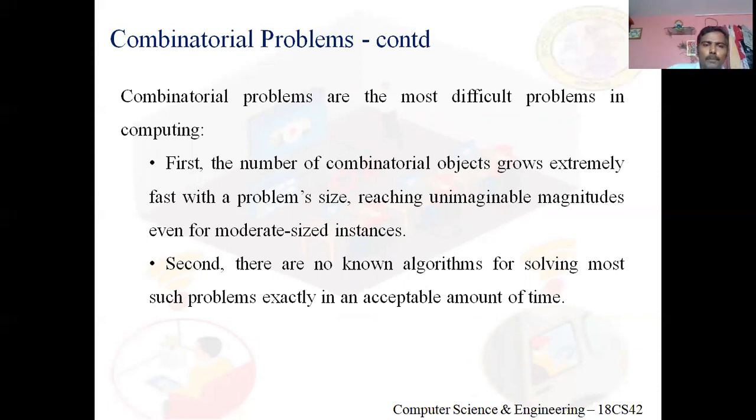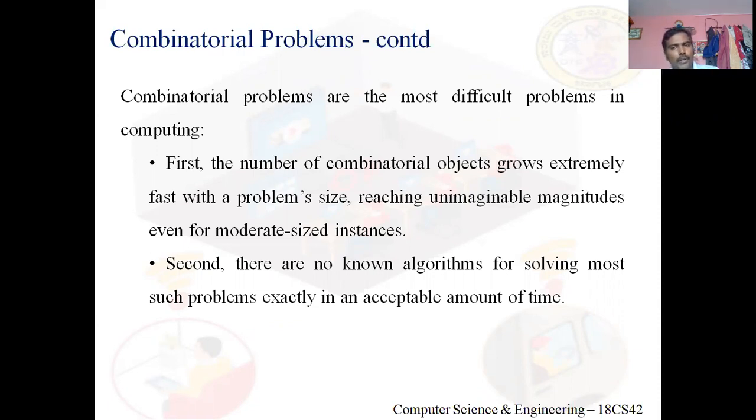So the main drawback is that combinatorial problems are the most difficult problems in computing. Why, I'll tell you, because I discussed orders of growth, you remember, right? The best is logarithmic, then n log n, quadratic, cubic.